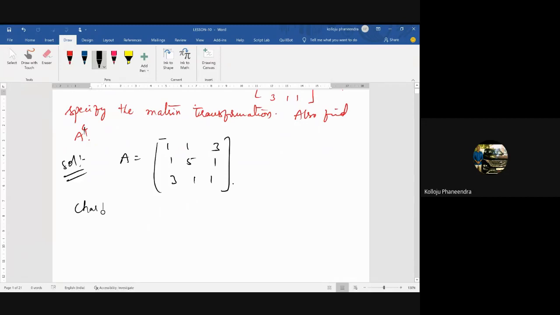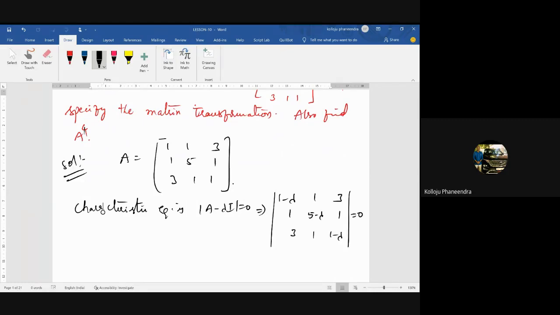The characteristic equation is determinant of A minus lambda I equal to 0. That is, the determinant of [1 minus lambda, 1, 3; 1, 5 minus lambda, 1; 3, 1, 1 minus lambda] equal to 0.